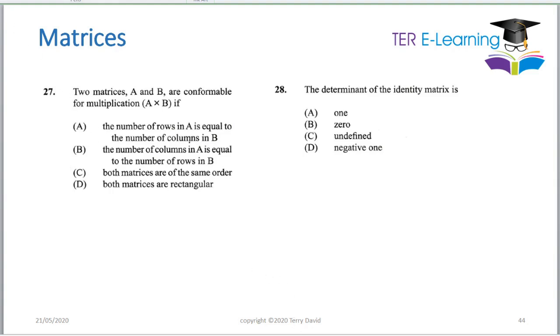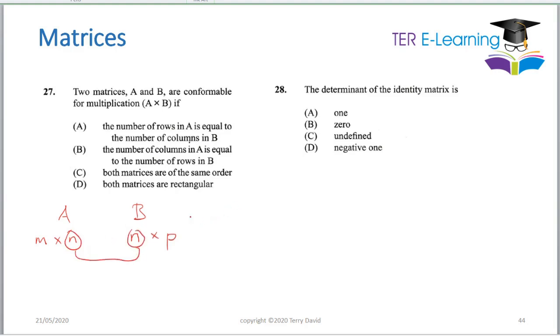Now for question 27, like I said, chances are you're getting the exact same question in your exam. We have two matrices that are conformable for multiplication if, remember, I have a matrix A and a matrix B, and one of them is M by N, that's the order of matrix A. This has to be N and this could be P. So in order to multiply two matrices, these two numbers must be the same.